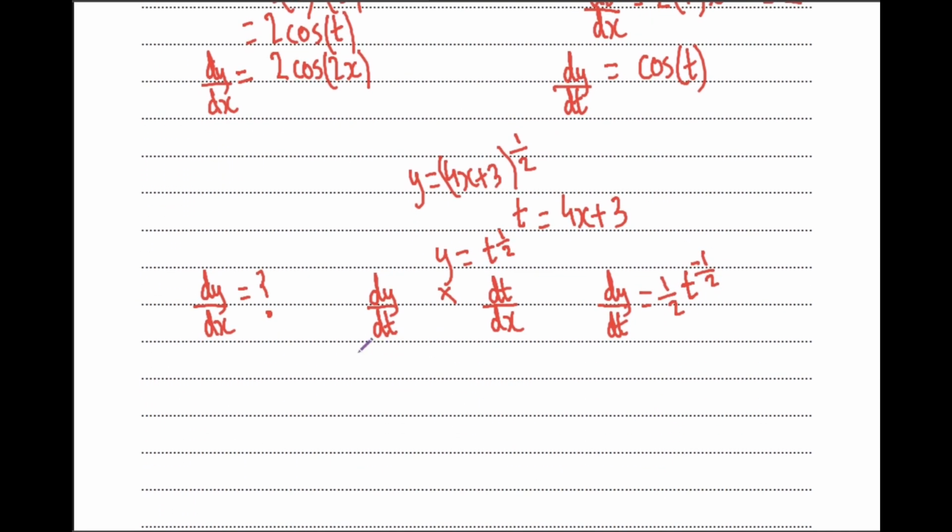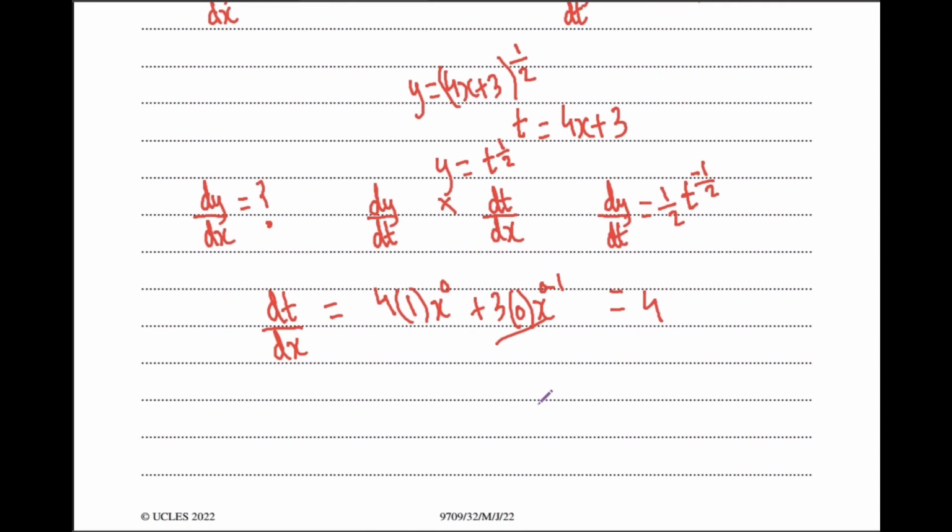And then you have dt by dx, which is equal to, well, t is just 4x plus 3, so we just do the power rule on x now. That's 4 times 1 times x to the power 0, which is just 1, plus 3 times 0, x to the power 0 minus 1. Well, this cancels out, of course, and you're left with just 4.